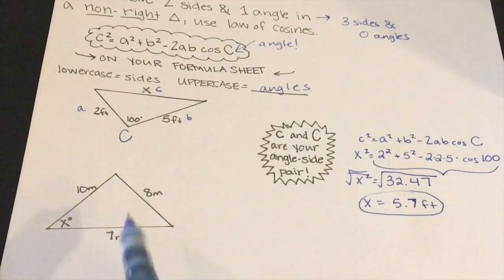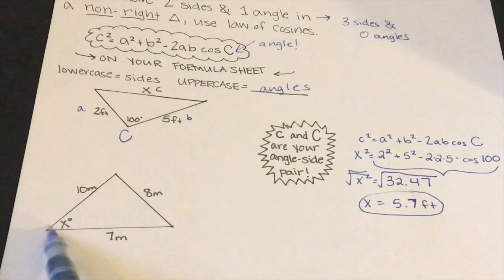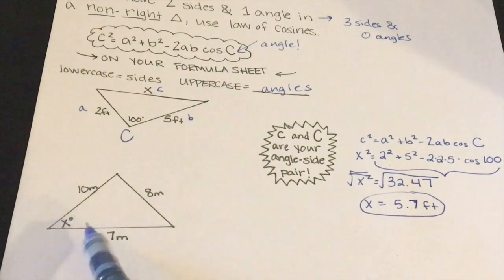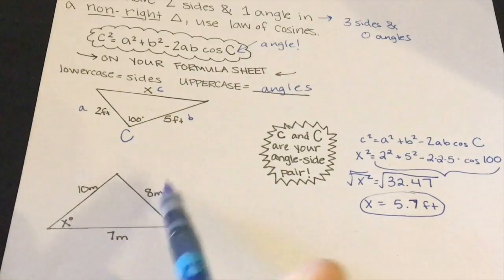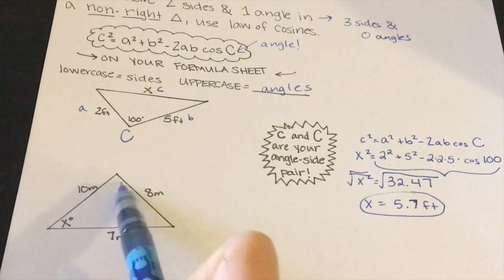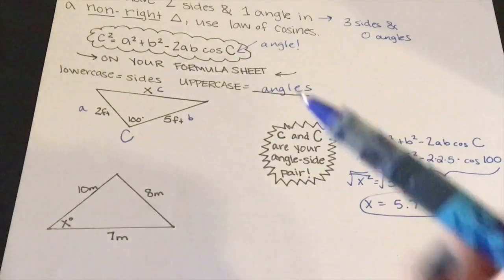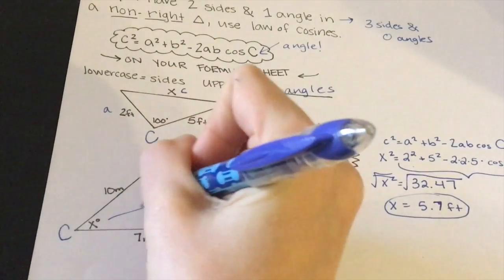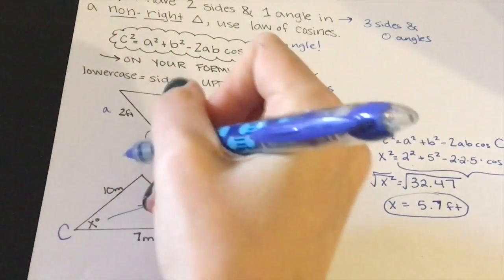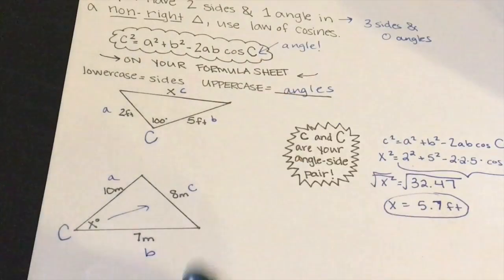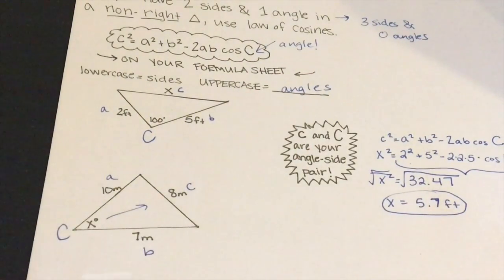The second example gives me 3 given sides and a missing angle. Since my angle-side pair is here, like this is blank and that's blank, so those aren't my angle. That's my angle. So my angle is C, which makes the opposite side little c, and these sides A and B. Again, this could be A, that could be B, doesn't actually matter. So I'm gonna set out my formula.